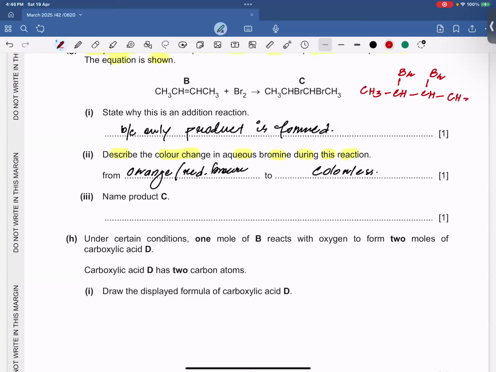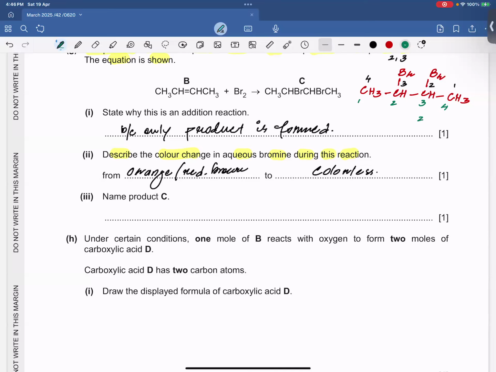What I've told you in the class is that whenever you get the compound, first of all you need to number the carbon atoms, all right? So this is first carbon, this is second, this is third, and this is fourth. From the right hand side, bromine comes on the second and third carbon atoms. If I do the numbering from the left hand side, 1, 2, 3, and 4.